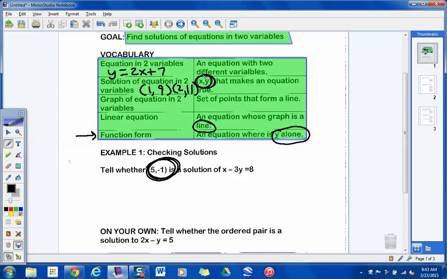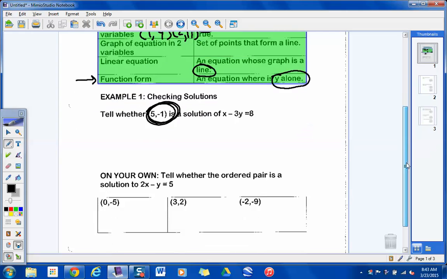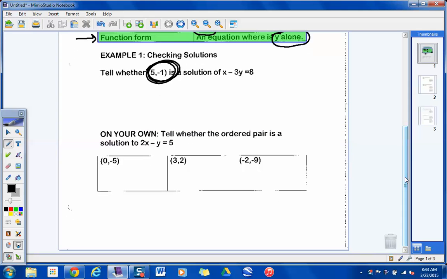It says in number 1, tell whether this point (5, -1) is a solution of x - 3y = 8. Now guys, we're going to basically be substituting values for x and y. And anytime you substitute something, you should always put parentheses on that substitution. Okay.